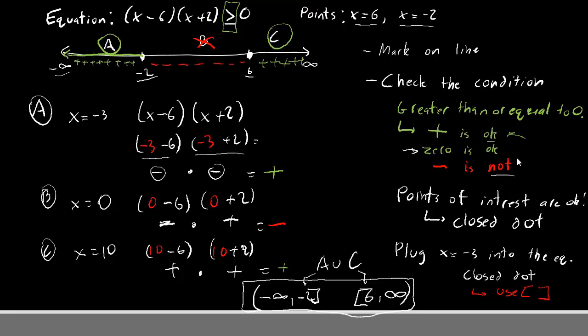Once you know what is and is not part of the solution, we're going to check a point from each of the regions we have, and then if that point works, then that entire region will satisfy the solution. However, if that point does not satisfy the conditions, like region B didn't, then nothing in region B will satisfy the solution. Remember, in your answer, only include the regions that did satisfy the solution, not the regions that don't.